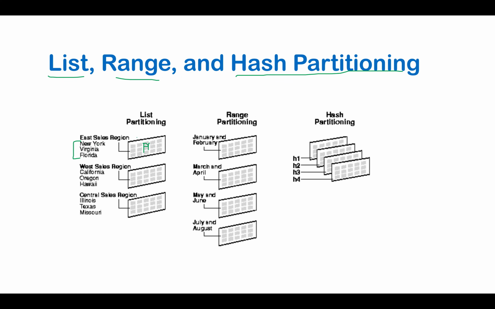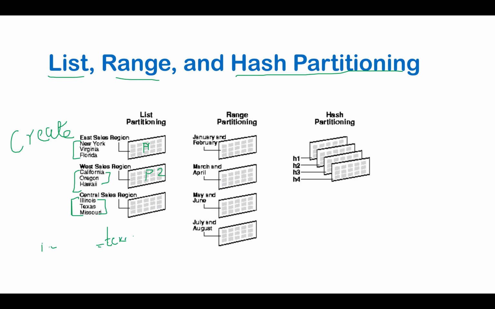So when do we use this partitioning? While creating the table. Create table, and you have to mention the partitioning. Like P2, for the values you are inserting where region equals some value. Insert into table name with sales region equal to Texas.